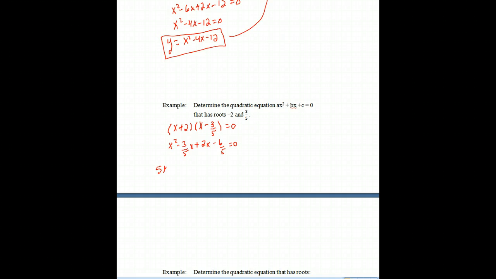So you would have 5x squared, 5 times 3/5, so it's a positive 5 we're multiplying, and this will be negative, plus 5 times 2x, and 5 times -6/5. And 5 times 0 is 0.